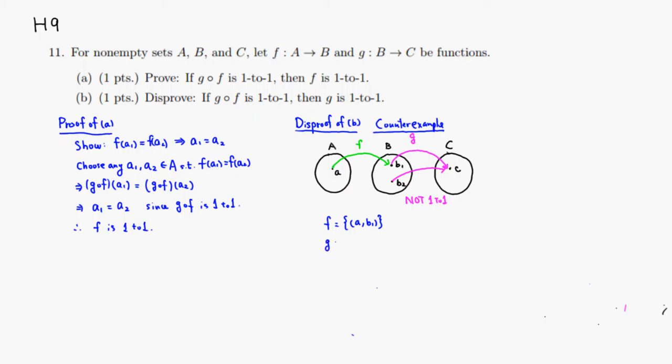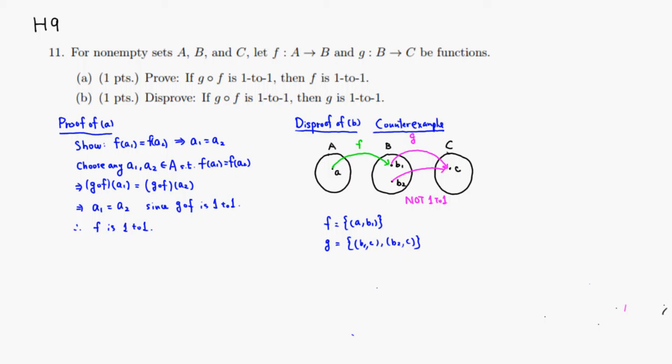And g is b1 mapped to c, and also b2 mapped to c.